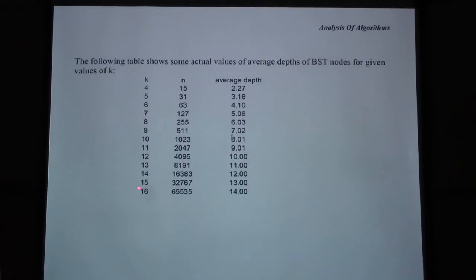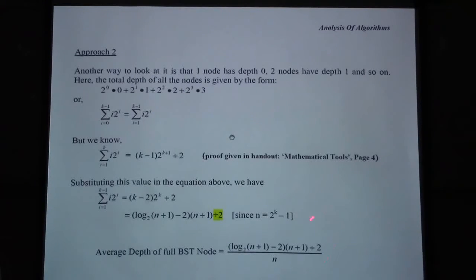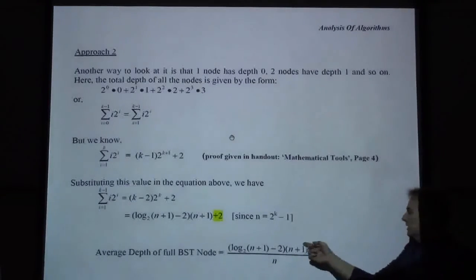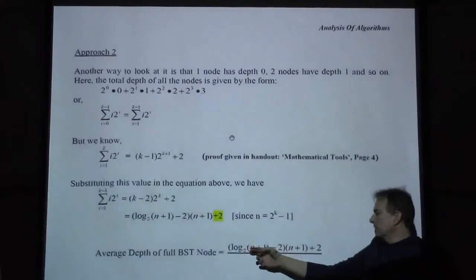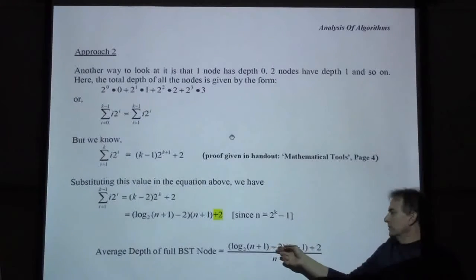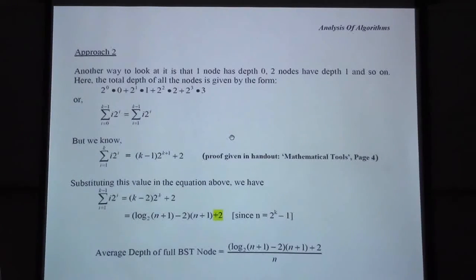That's a difference of what? There's that 2. That shows you that as n is increasing, this becomes 1, and this basically becomes very close to the lg, and this is very small, and then plus 2, so that's going to be the difference right there.